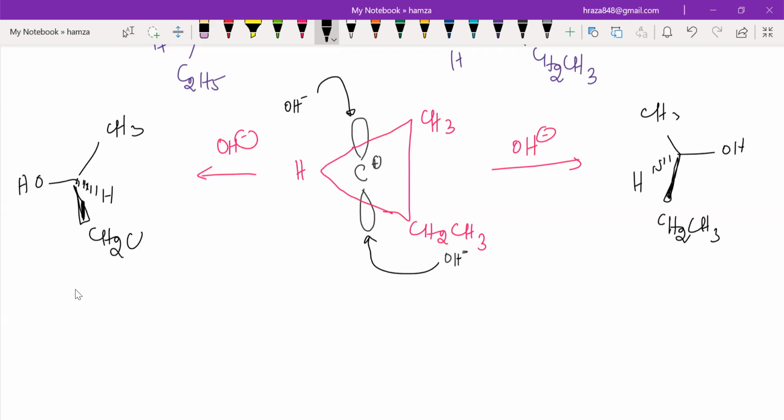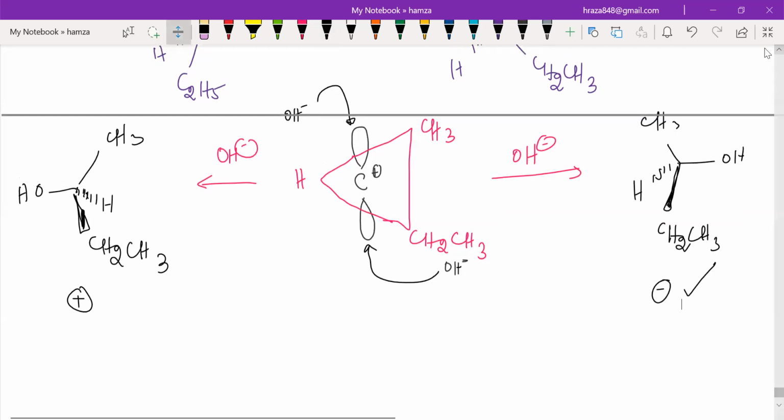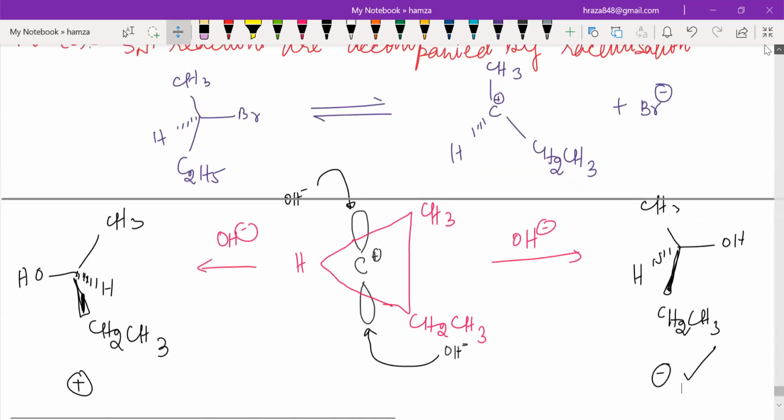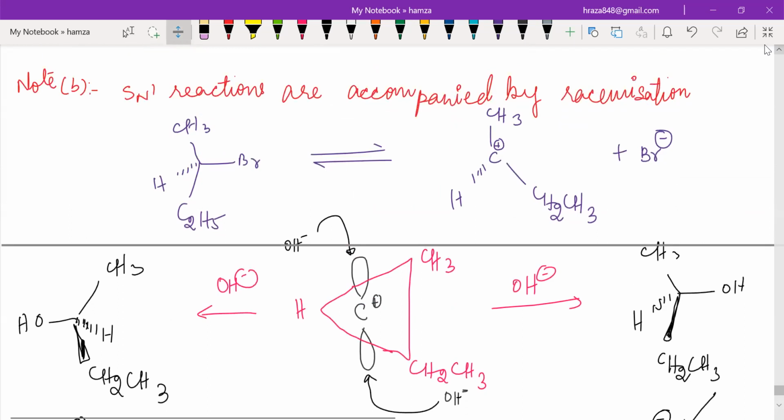So you can see this is plus, that means dextrorotatory, this is minus, that means levorotatory, and if they are mixed in equal proportion, there will be racemization, or this mixture is called a racemic mixture. I think these are clear to everyone.